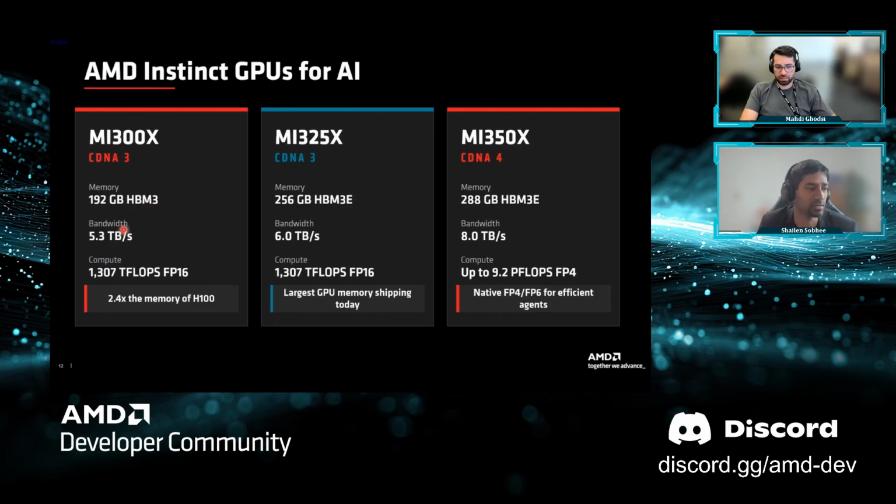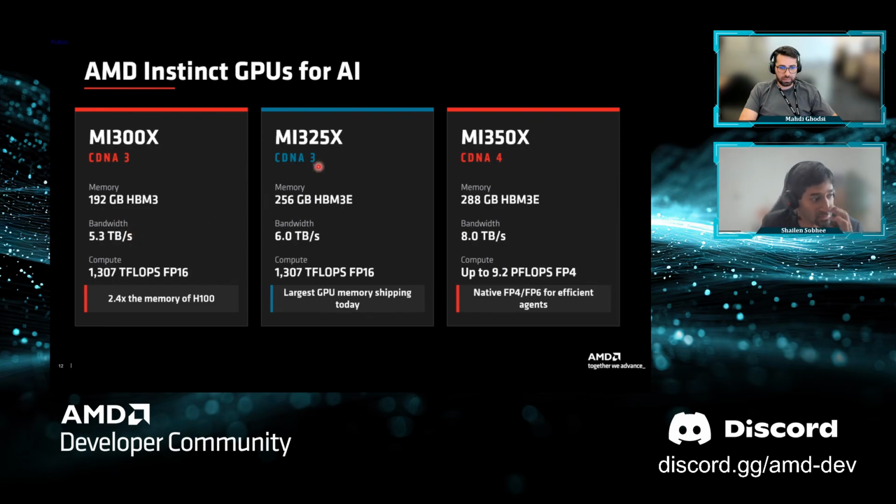So having such huge VRAM is great. Also, lots of bandwidth. As you know, in LLMs, you have the prefill stage and the decode stage, and the decode part is the memory bandwidth part. And decoding is basically when the tokens are being printed, right? So the higher the bandwidth, the faster it is for the decode phase of the LLM. And these GPUs have huge bandwidth.